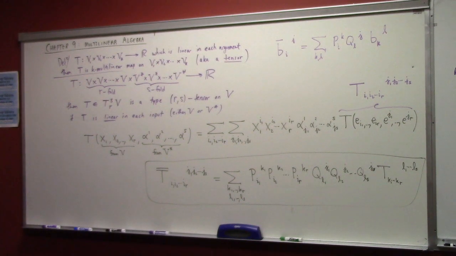Now, this is what an (r,s) tensor is. I want to look at more examples.